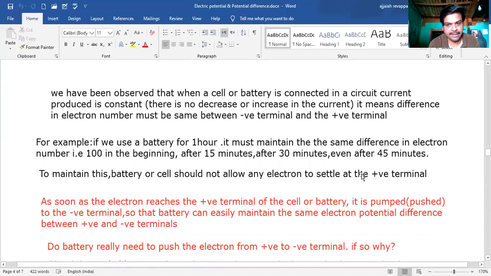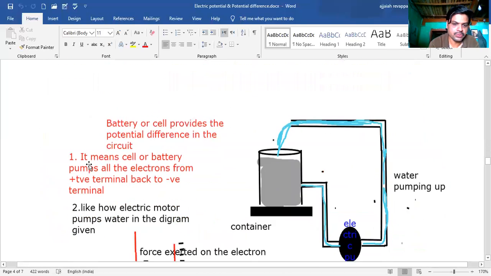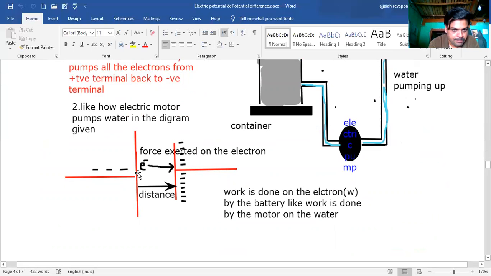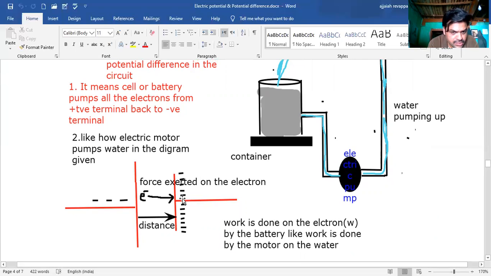If this difference in electron number between the positive and negative terminal should be the same, that is 100, then what is the condition for a battery or cell? The battery has to pump this electron. The first electron which reaches the positive terminal should not settle here. There are 99 electrons now, so one electron has reached the positive terminal. This electron should be pumped or pushed back, so for this the battery or cell is doing work.